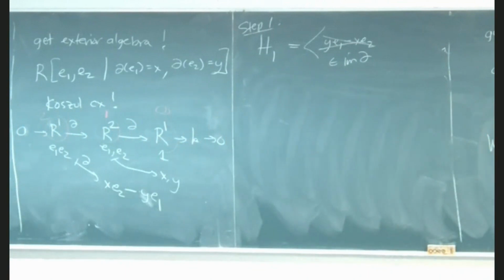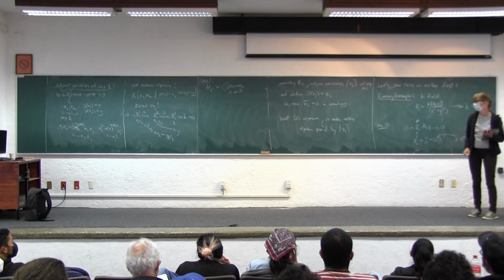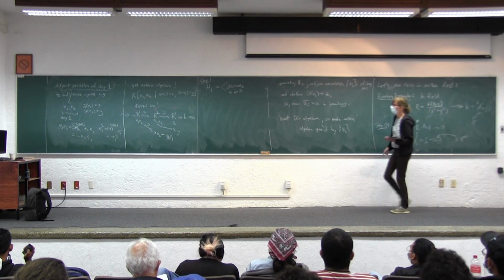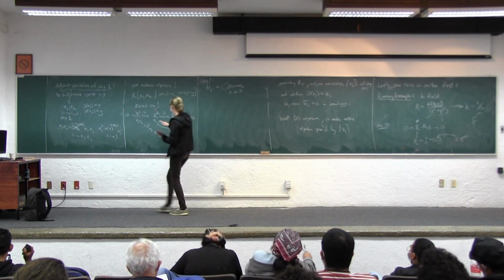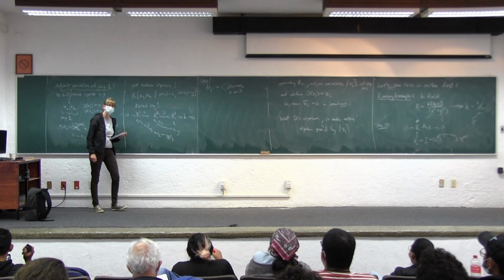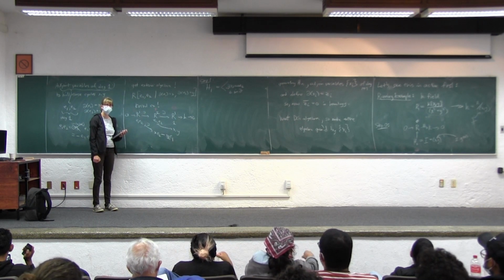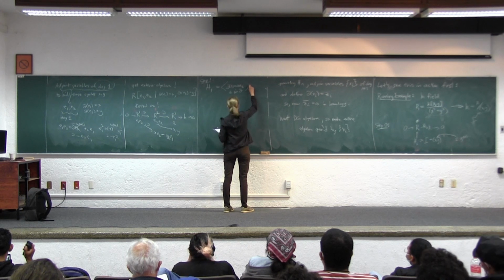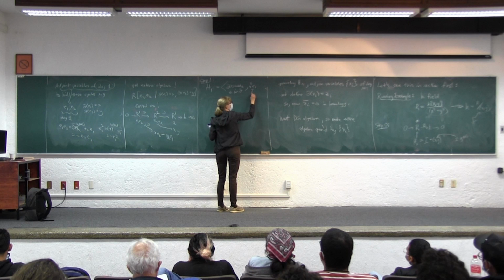So can you tell me, now I'm getting back to the people who were saying something that I wasn't listening to. Can you build me, we know this is 0. And we know that e1 and e2 go to x and y. So what? X squared e1, because that will go to x cubed, right?